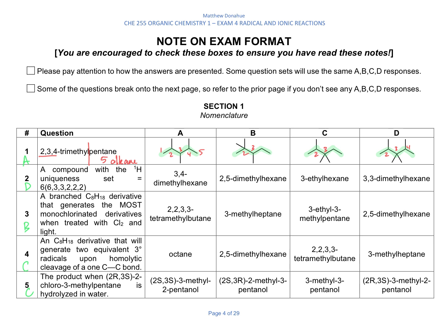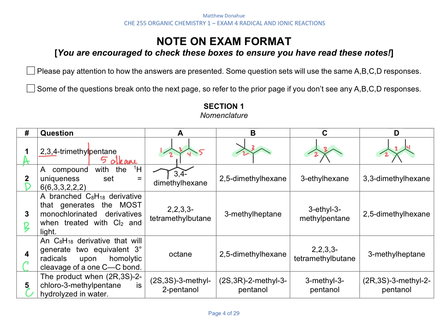This is going to get a little jammed up here based on space, but let's draw that out. 1, 2, 3, 4, 5, 6, and then at the 3 and 4 positions are methyl groups. You'll just figure out the uniqueness set there. This actually has a symmetry to it.